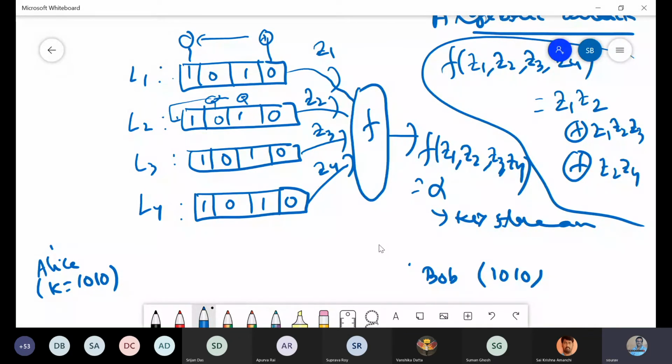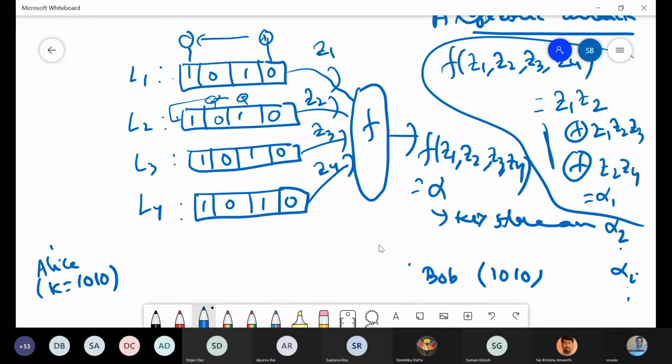That is the strategy. Now suppose we clock it. Every time it outputs z1, z2, z3, z4, and we apply the function f, which gives us an alpha. First clock gives alpha 1, then alpha 2, alpha i, like this.